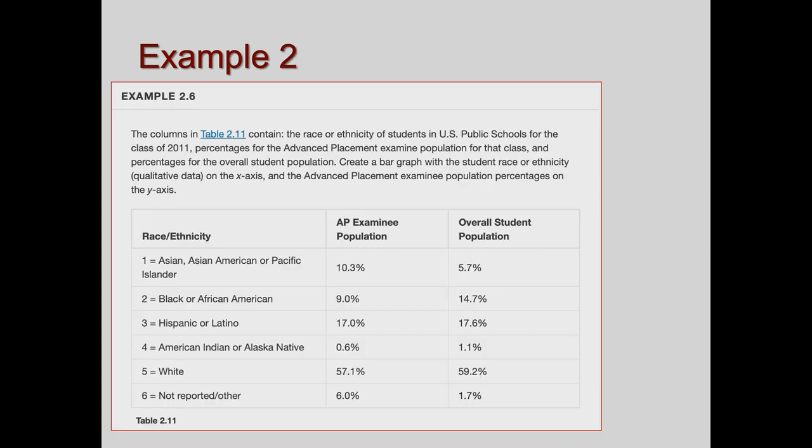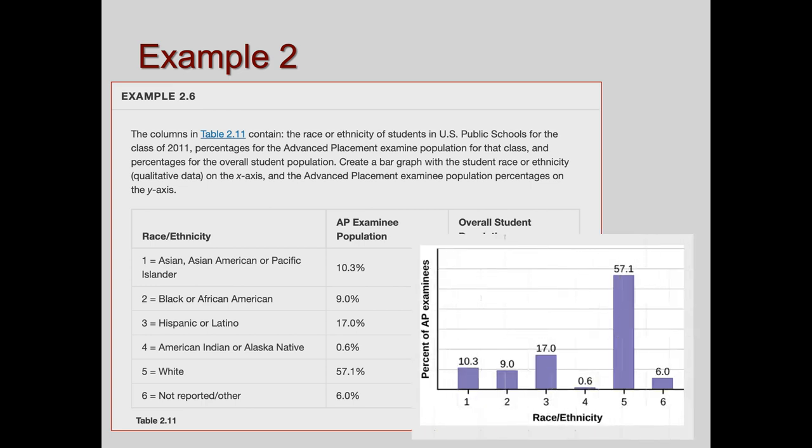Okay, here's another one for you to try to do. Keep in mind with this particular graph, what we're looking to graph is the AP examinee population, not the overall student, the column about AP examinee. Okay, so here's a bar graph done for that.